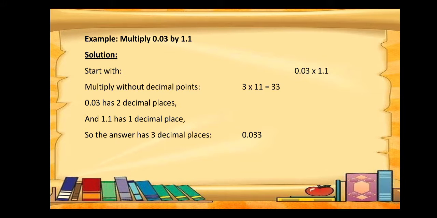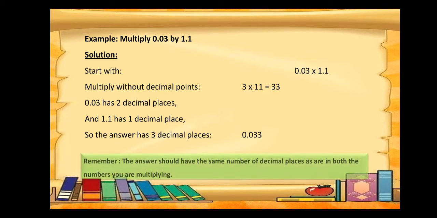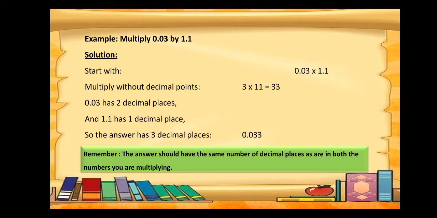It has only two places, but we have to put the decimal point before three places. So we should add 0. We have to remember that the answer should have the same number of decimal places as in both the numbers you are multiplying.